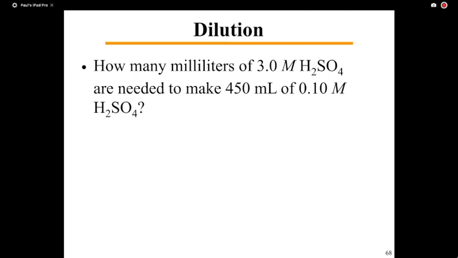How many milliliters of a 0.3 molar sulfuric acid are needed to make 450 mils of a 0.1 molar sulfuric acid solution? All right, if I help you, M1V1 equals M2V2. What is M1?